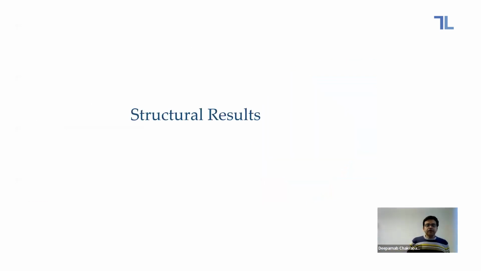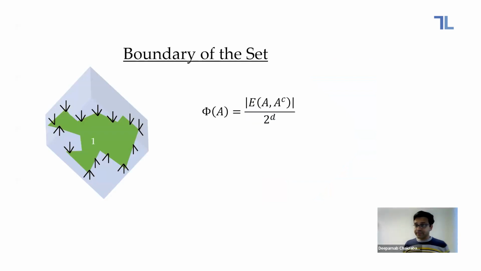Fantastic. Okay, so let's go into structural results, and we already talked about them a little bit last time. I'm going to talk about this function again. Wherever the function value is 1, you can think of it as a subset of this hypercube. There is a notion of the boundary of the subset that we talked about: the hypercube edges that are incident on this subset.